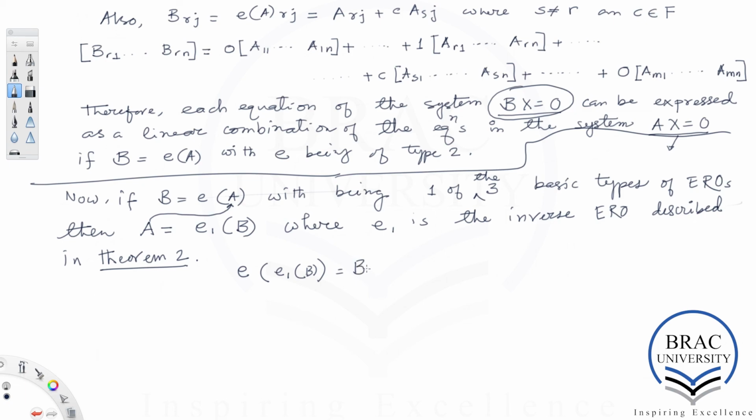You can always find the inverse operation, E1. So it tells us that A can be obtained from B by an elementary row operation, which is E1.